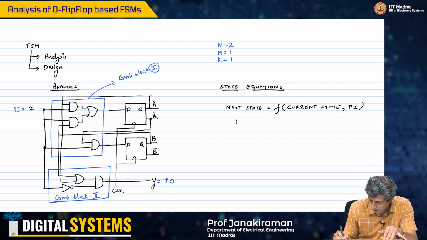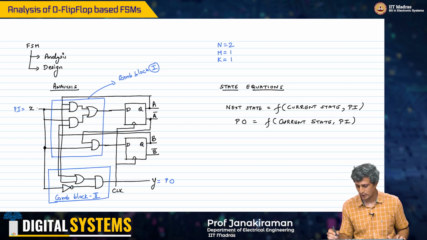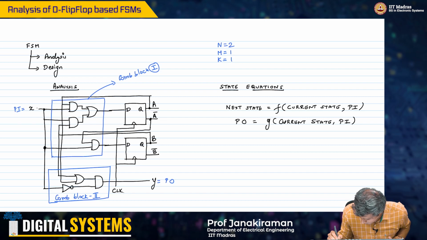And also I am going to define my primary outputs as a function of current state, comma, primary inputs here. It's a different function, it can't be the same function, so I'll call it G of this.